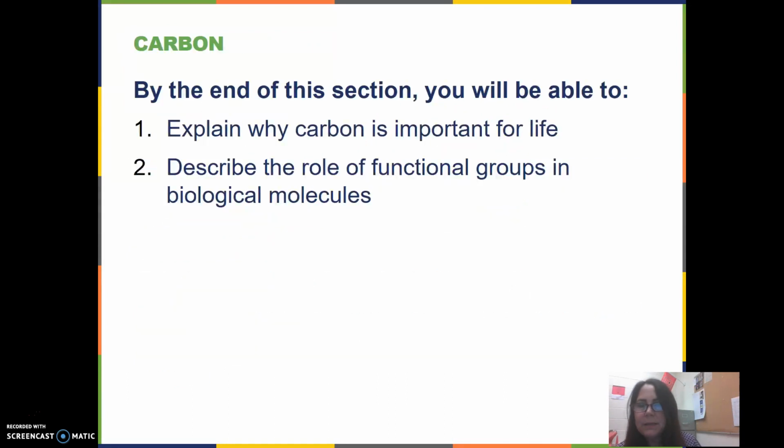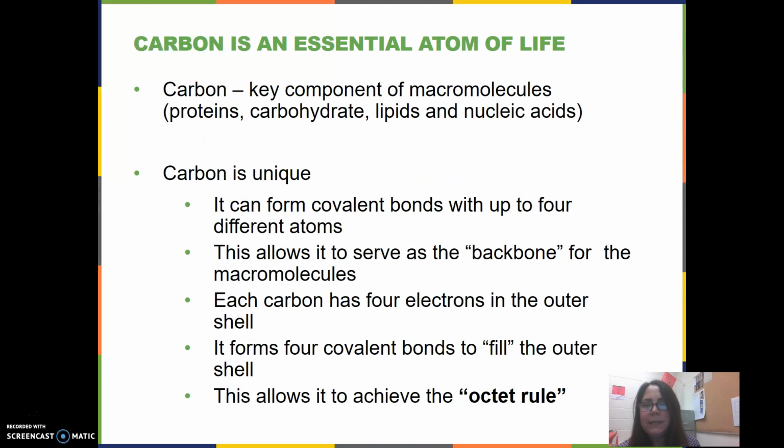And then this section is on carbon. The reason we have to go over carbon is because in chapter 3, all of the chemicals that we're going to learn about are called macromolecules. In nutrition, we hear this a lot, that you need to get your macros. That's just a popular term for carbohydrates, proteins, and fats, and fiber.